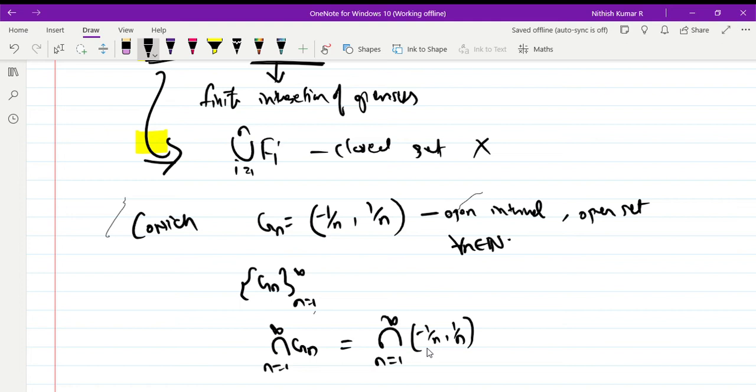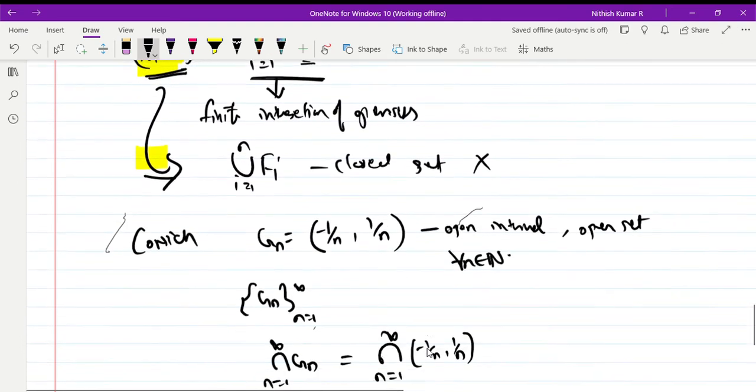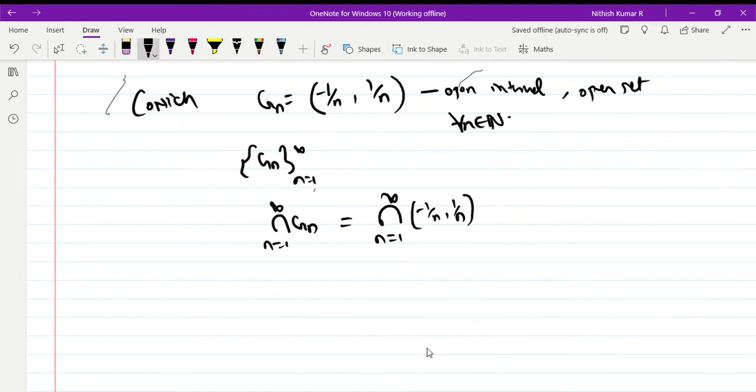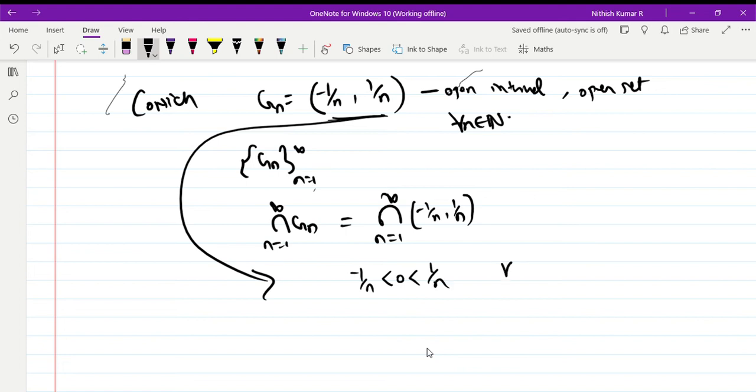Now my claim is, before that, observe that in each of these intervals, -1/n is always less than 0, and 0 is less than 1/n for all n belongs to N. Therefore 0 belongs to the intersection.